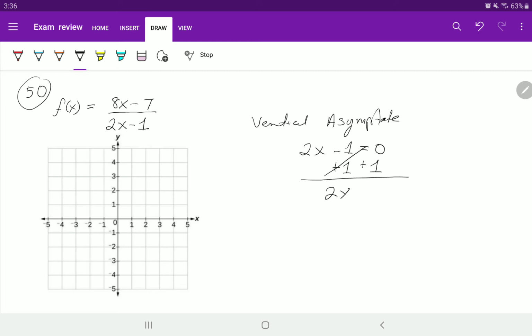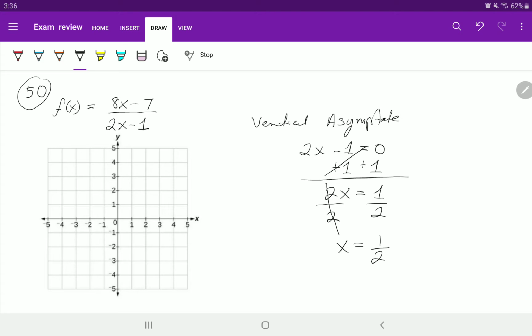So 2x equals 1. To get x by itself, we divide both sides by 2. x equals 1/2. And we're going to graph this line on our rectangular coordinate system.